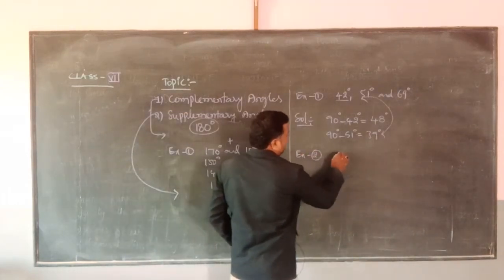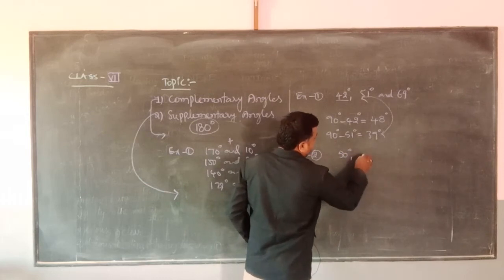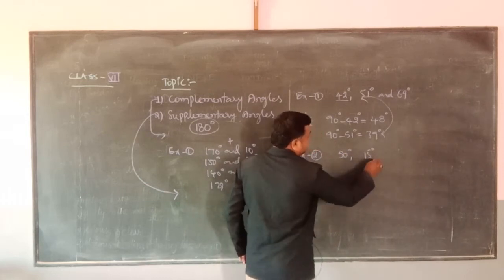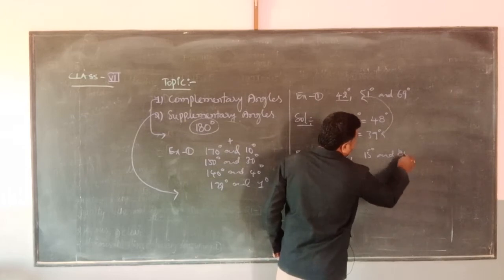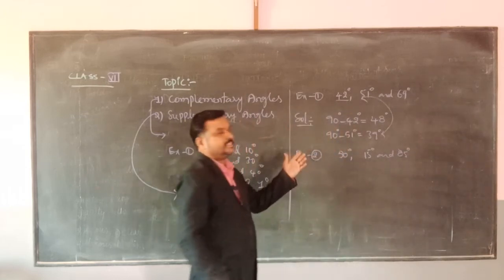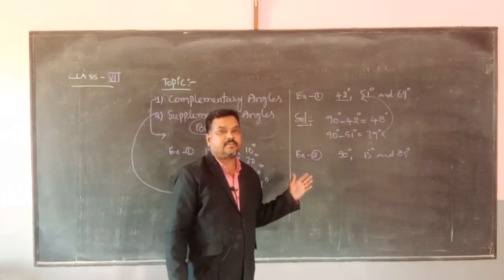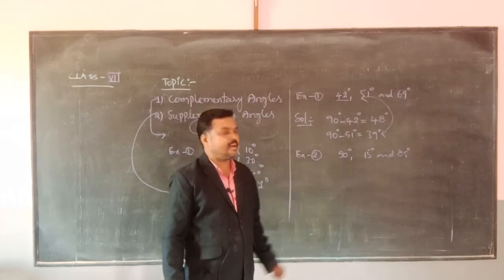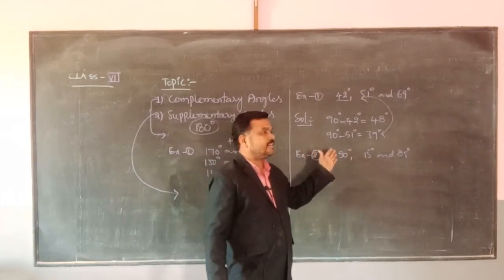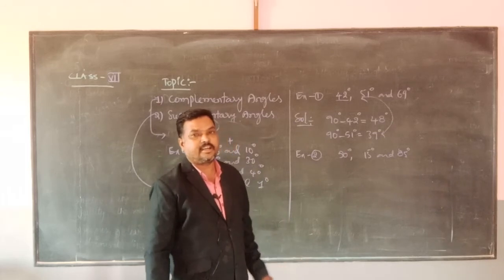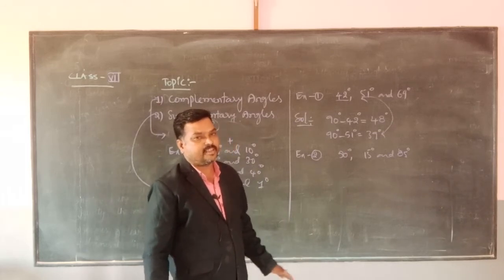See, 50 degrees, 15 degrees and 85 degrees. These are the given angles, and we have to find the supplementary angles. Just subtract the given angles from 180 degrees.